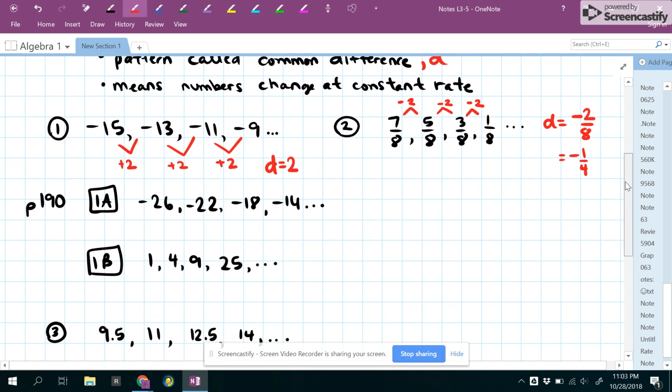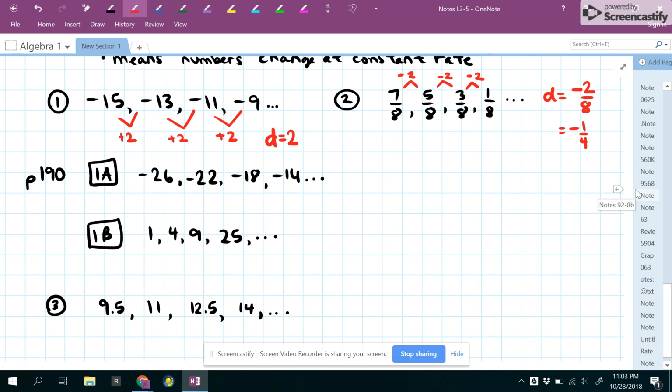If you went to page 190, you would see these two examples. So 1a is negative 26, negative 22, negative 18, negative 14. Please decide if that is arithmetic. If it is, what the common difference is.